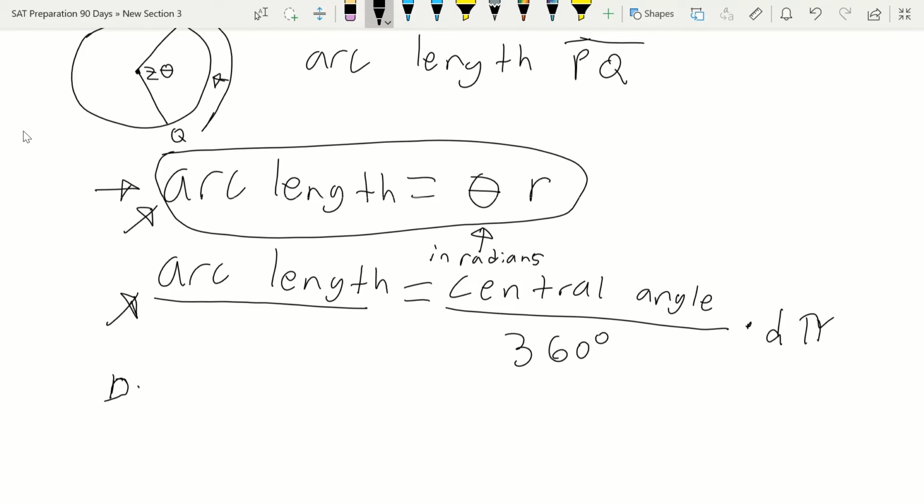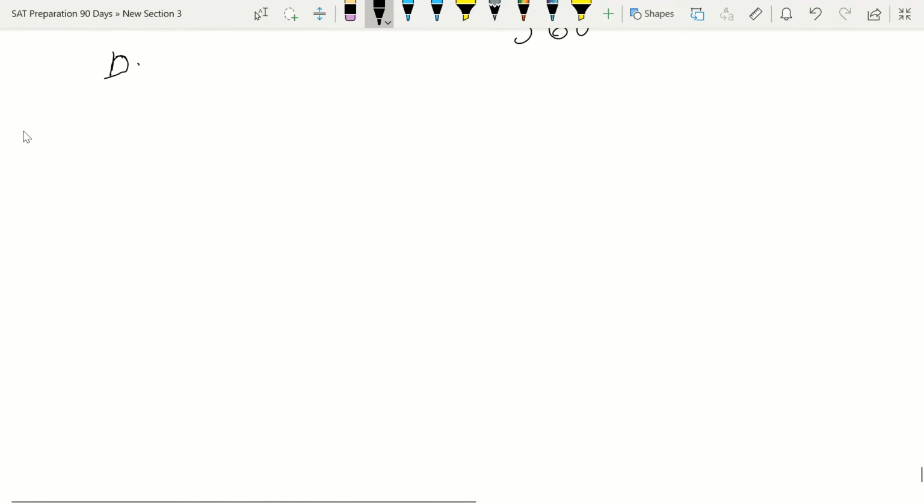But if you're given something like 90, you should be able to recognize that 90 degrees is equal to pi over 2. I'm given the radius, so I don't have to convert to diameter if I choose to use this equation right here. I know 90 degrees is equal to pi over 2 radians, so I do my radius times pi over 2 there. So I would definitely prefer that top equation to save time.